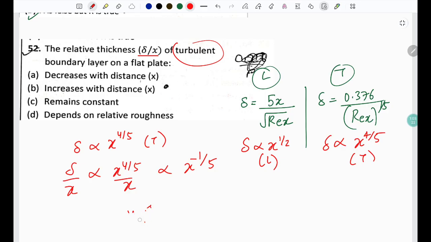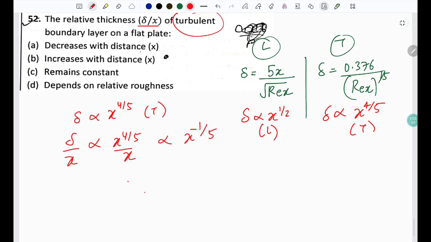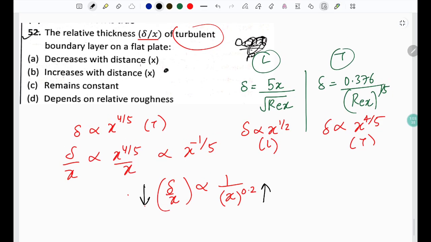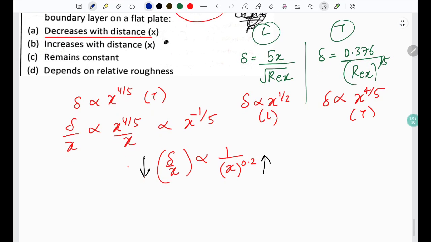Yes, that is delta by x. This term is inversely proportional to x to the power 1 by 5, which I can take as 0.2. Therefore, as x increases, delta by x will decrease. Hence, instead of it increasing with distance, it will decrease. So that was another blunder that I made in the test. Hence it is very important to see what the question is asking.